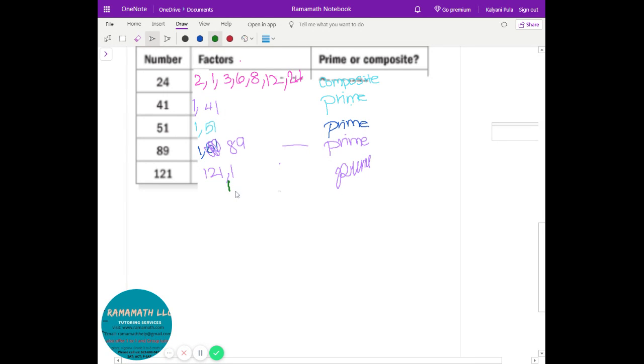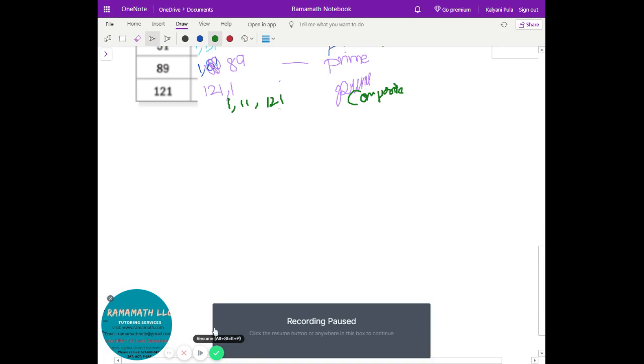So the factors are 1, 11, and 121. So it is not a prime number, it's a composite number. And same thing with 51, it's composite. Okay, good. It's really important that we carefully look at all the factors.